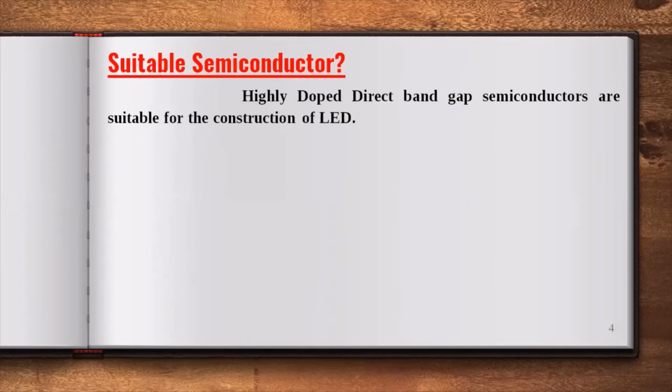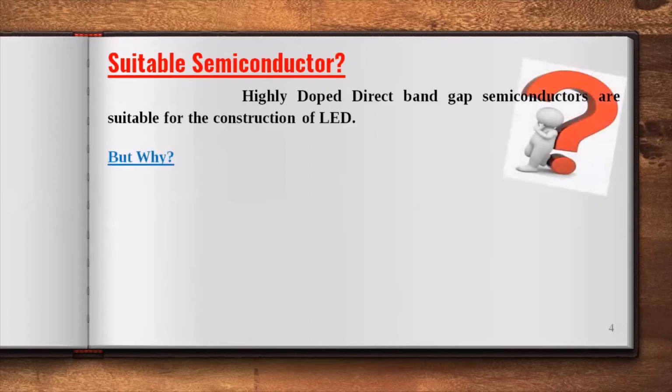I also mentioned that direct band gap semiconductors are suitable for the construction of LED. Why do we have to consider only direct band gap semiconductors? In general, we have various kinds of semiconductors.